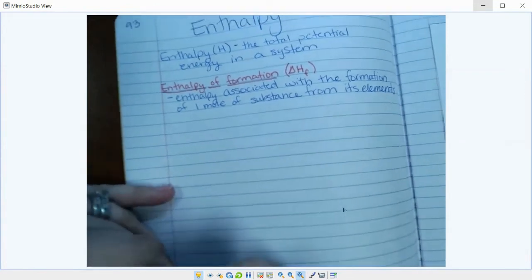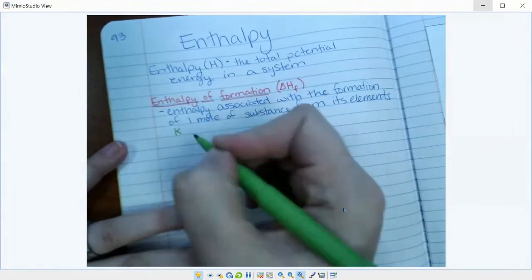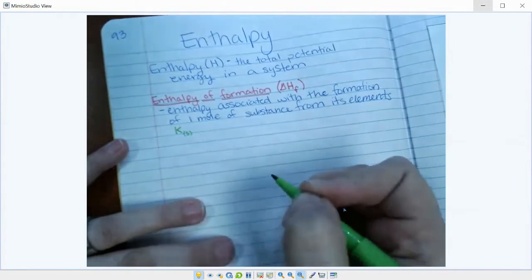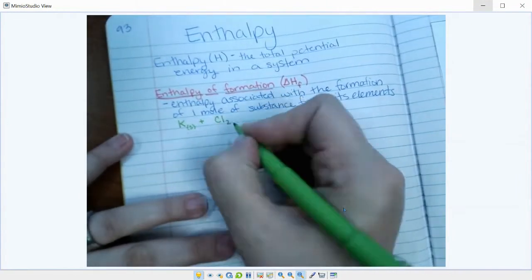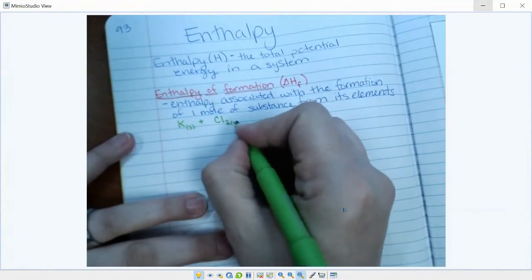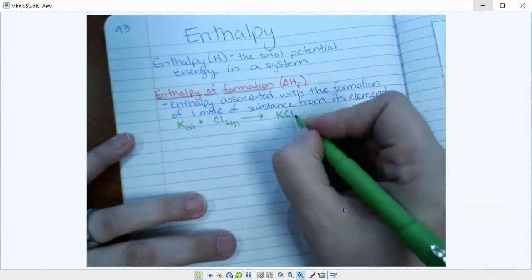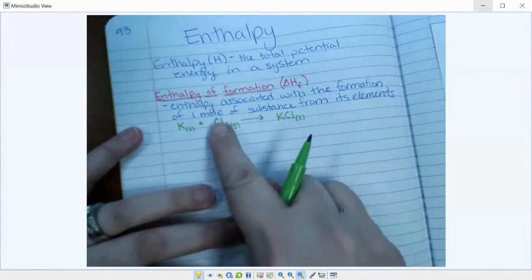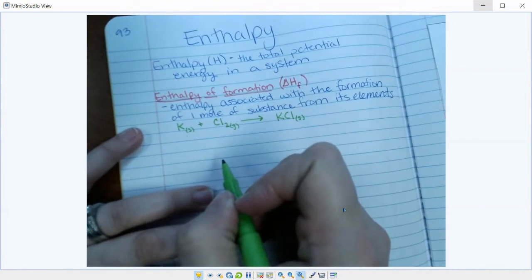And so an example would be something like K, potassium, which is in the solid state, reacting with chlorine, which in its elemental state is diatomic, and it produces KCl, which is a solid. And I specifically said in this definition that it's 1 mole of substance.